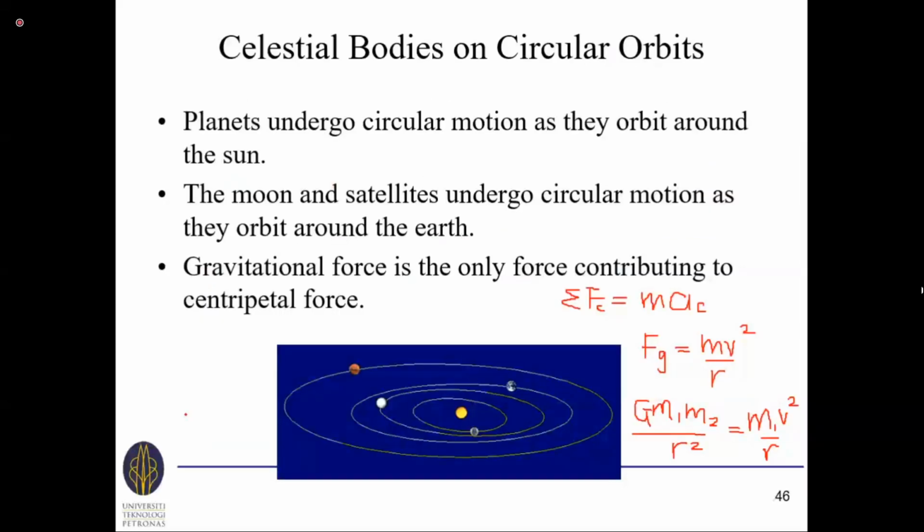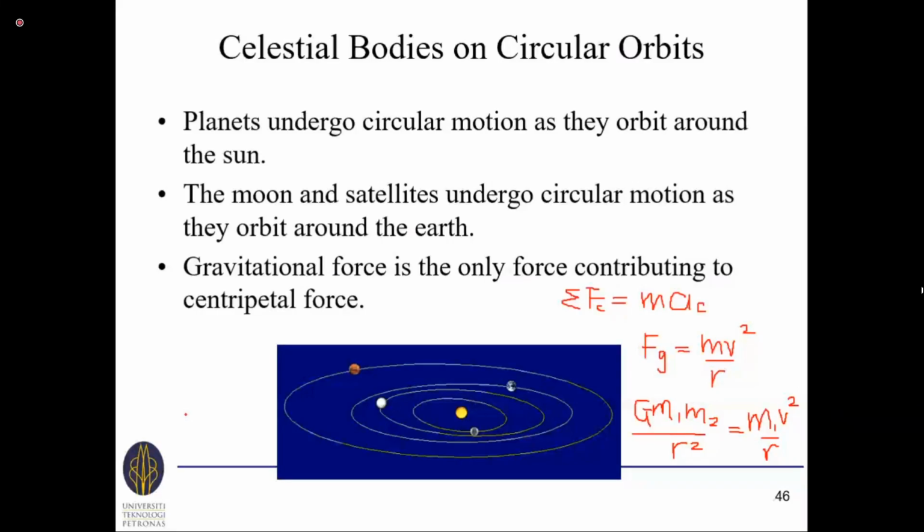Okay, so the next part is we want to see how the gravitational force is related to circular motion. Like I said just now, for example, when the moon is orbiting the Earth, at the same time Earth is orbiting the sun. So they are basically moving in their own orbits.